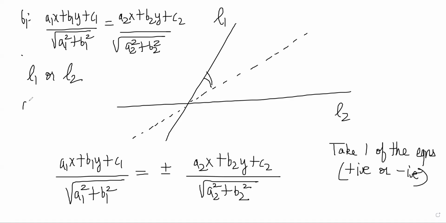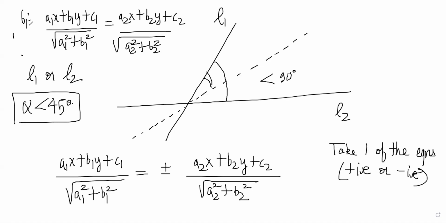If that angle alpha is less than 45, then automatically the overall angle would be less than 90 and that bisector would be the acute angle bisector. If that angle comes out to be greater than 45 degrees, then the bisector with the plus sign was the obtuse angle bisector.